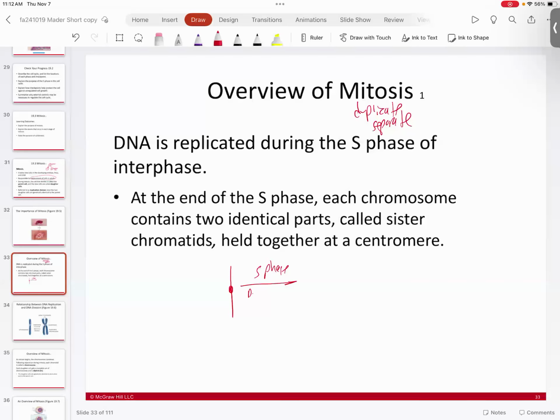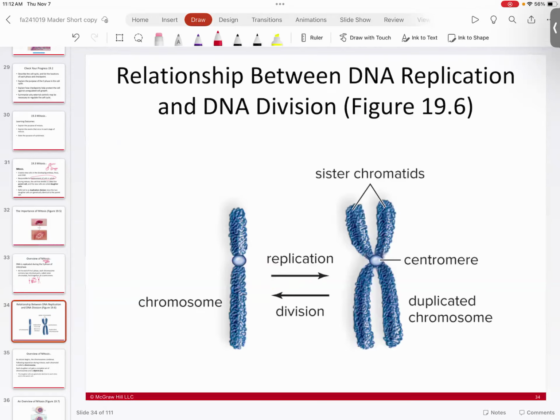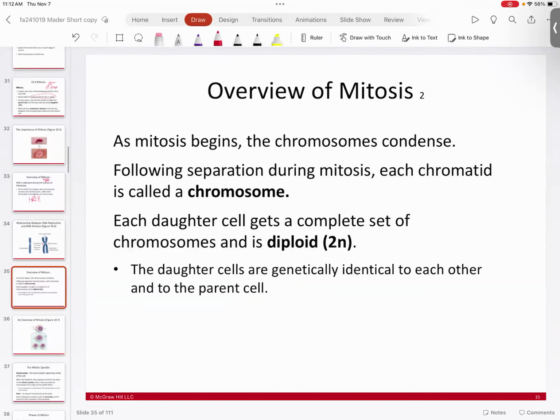So during S phase, you're doing DNA replication, and you're going to make a new chromosome attached at the centromere. It's going to look something like this. So once you actually do replication, you're adding that sister chromatid. In the reverse direction, you're going to be pulling those two sister chromatids apart during division to give you one. So that's a very nice graph to see how this is back and forth.